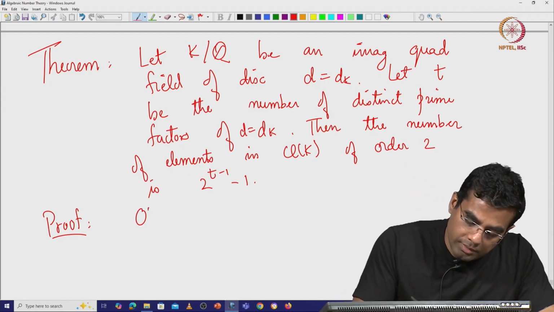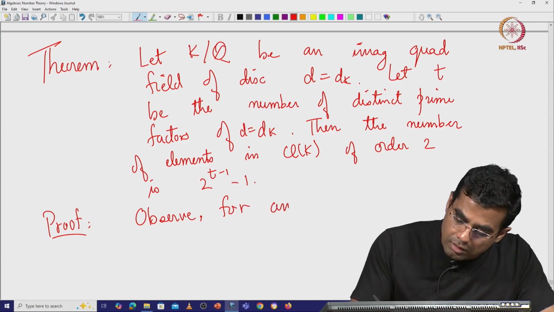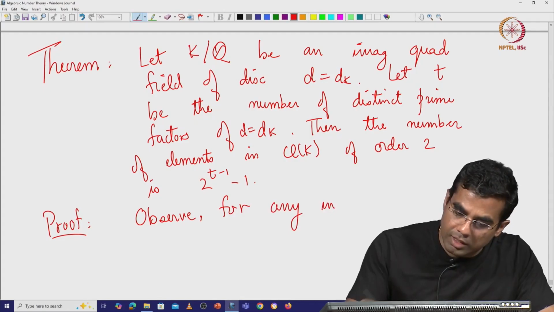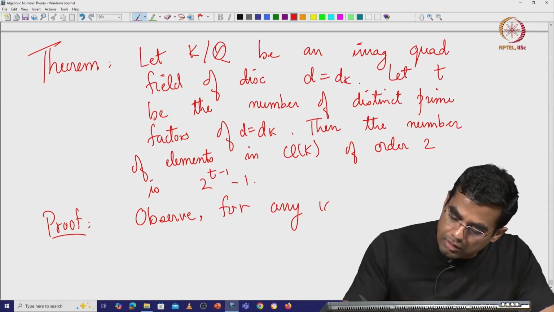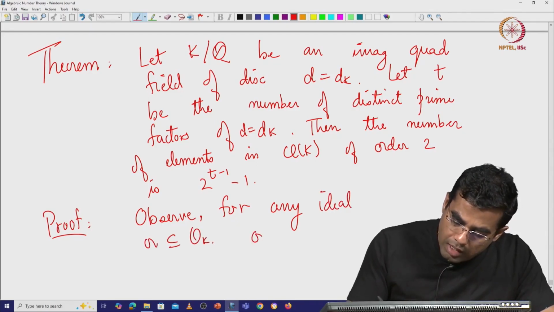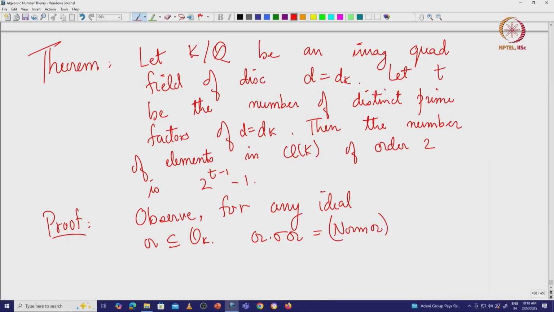You observe that for any non-zero ideal A inside O_K, A times sigma A is equal to the ideal generated by the norm of A. And whenever I write norm, I always mean the norm from K to Q, in this lecture and in the previous lectures.